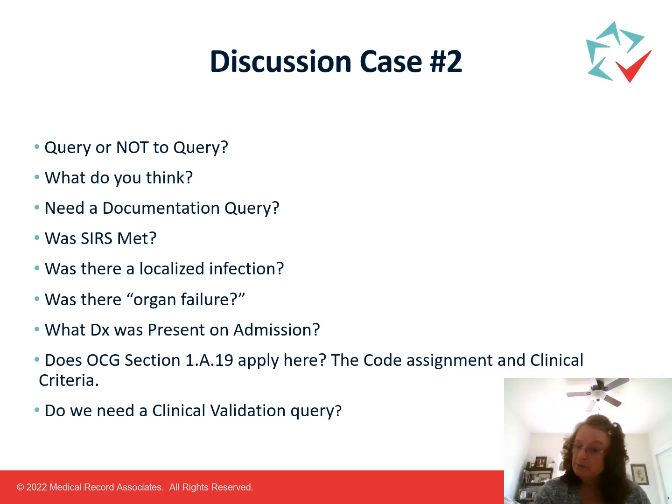What was present on admission? Those are things to ask. And do the guidelines for code assignment and clinical criteria get met? Do we need a clinical validation query? There was no documentation of the word sepsis, but there was septic shock and dehydration.